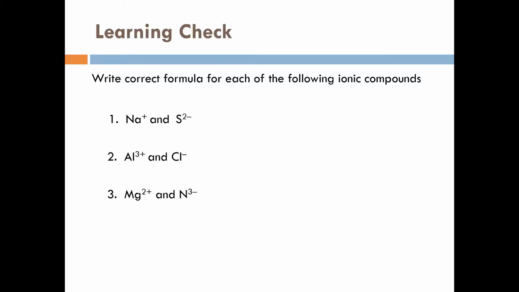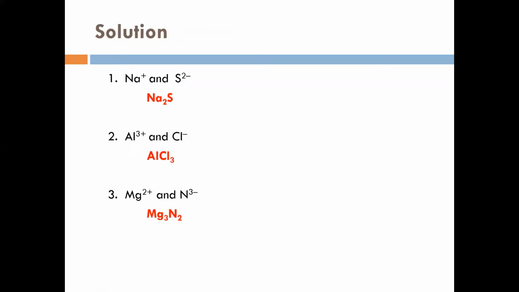So I need to have a +6 charge and a -6 charge to be able to charge balance. So what do I have to multiply this 2 by to get 6? That would be 3. So I'd have Mg₃, and then we're going to have nitrogen here. It has a 3 here, so we need to multiply it by 2. So it will be Mg₃N₂.